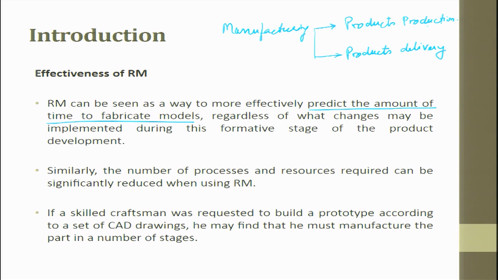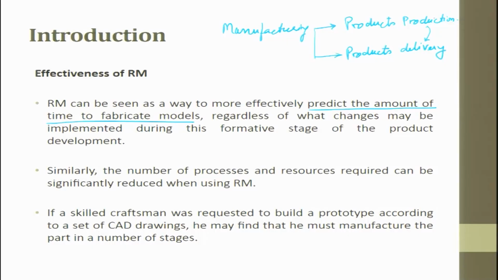Today we don't talk about your production, we talk about your delivery to the customer. If you say I produce in Jammu and Kashmir and keep it ready there, but if somebody wants to get it at Kanyakumari, the traveling time and all those things are there, and it also has how to protect and move. But today the production is replaced by delivery. When can you deliver to the customer? So in this, when you have a paradigm shift, rapid manufacturing is going to be helpful in your way.